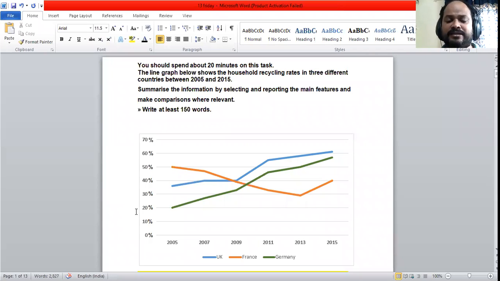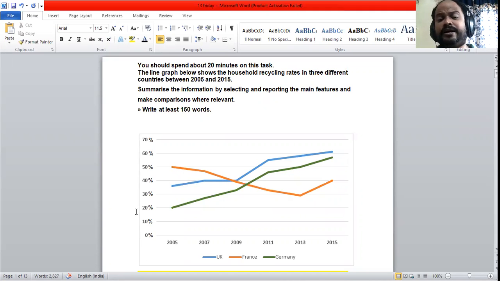The horizontal axis, we have the years moving from 2005 to 2015. And the vertical axis, we have the percentage, that is 100%. Out of 100%, how much waste these countries recycle. This is what the picture is.